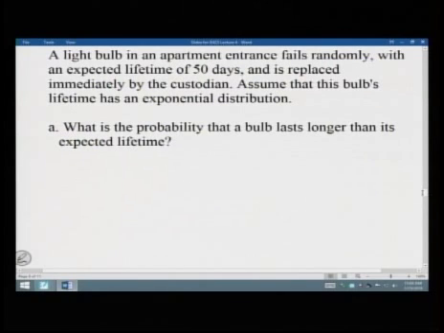While we are reading through the problem description, what information did you get? It does say the expected lifetime is 50 days. So that means the light bulb fails once every 50 days. From this, lambda is what?